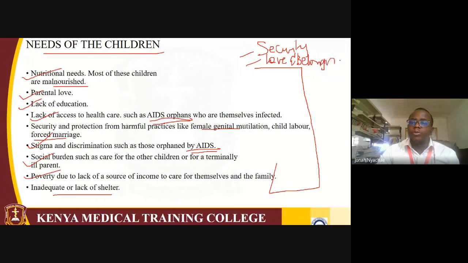You can see very clearly that the physiological needs are not there. The physiological needs, like just food, the basic needs that we need, the shelter.